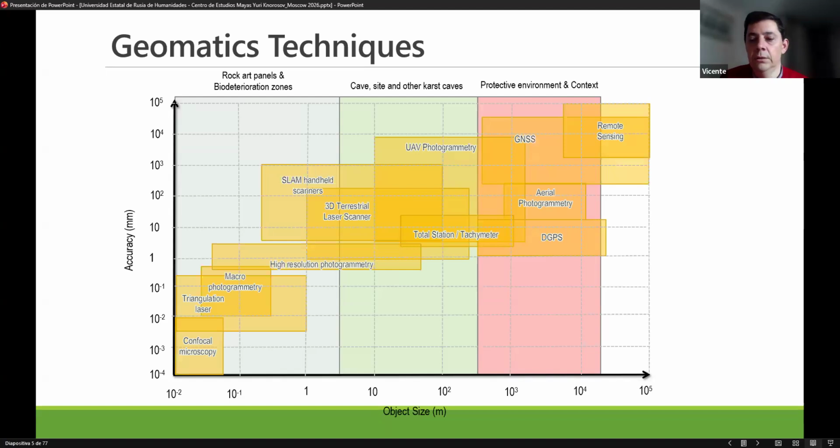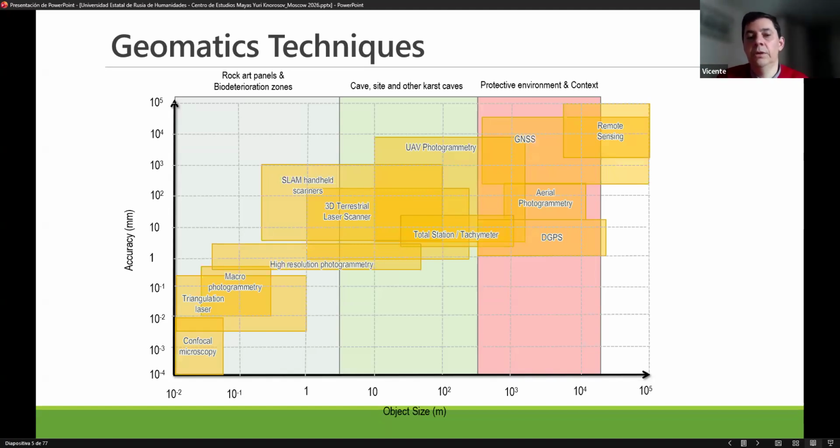So usually when we work in panels or in small areas, we use photogrammetry, macrophotogrammetry, microscopy, and sometimes laser scanner.